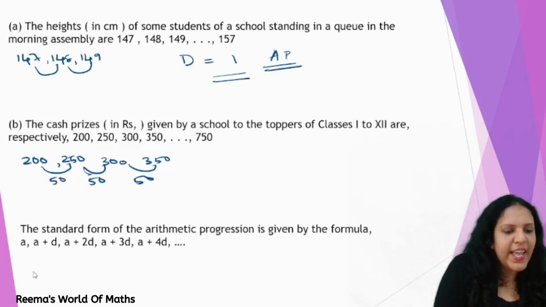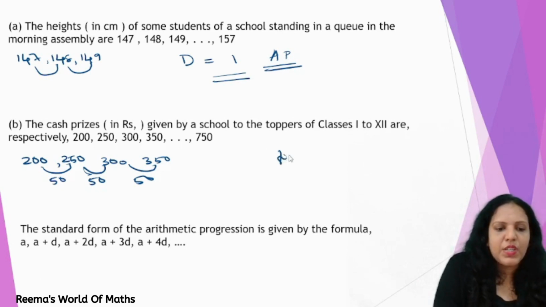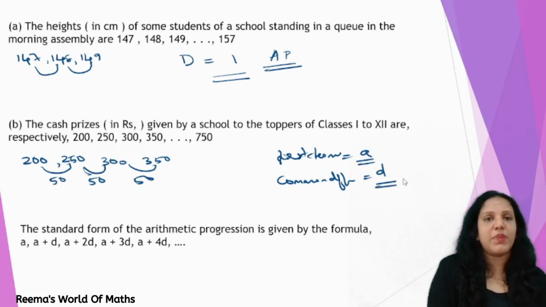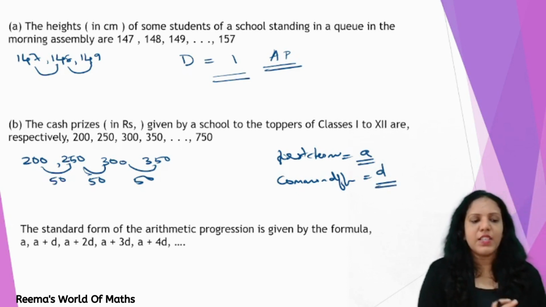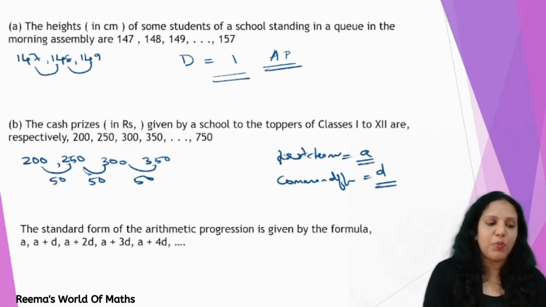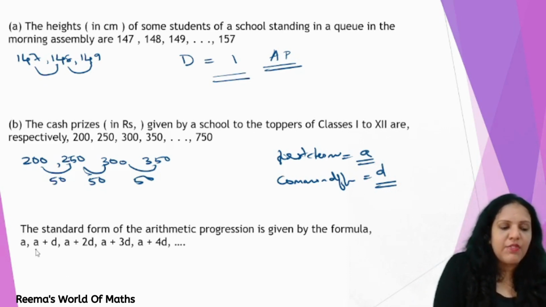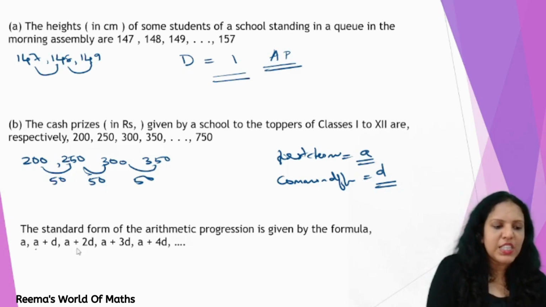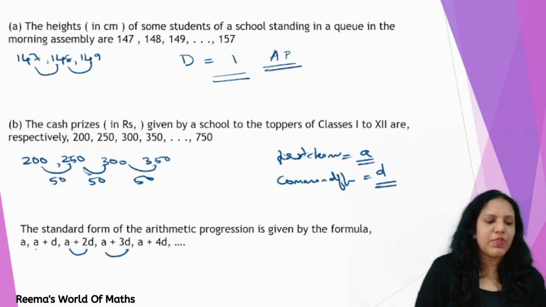Here we can say the first term equals A and the common difference is denoted by D. The first term of an AP is denoted by A and the common difference is denoted by D. So the standard form of the arithmetic progression is: A is the first term, A plus D, the first term plus the common difference, will give you the second term. The first term plus 2 times the common difference will give you the third term. Correct? And A plus 3D, 3 times the common difference, will give you the fourth term.